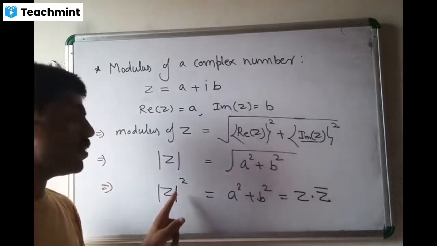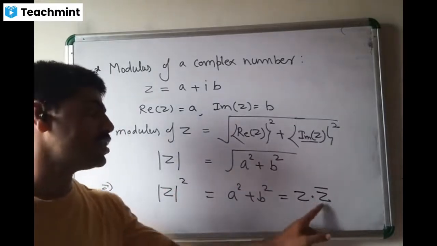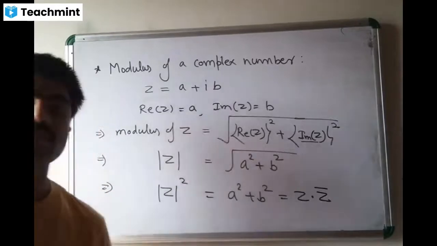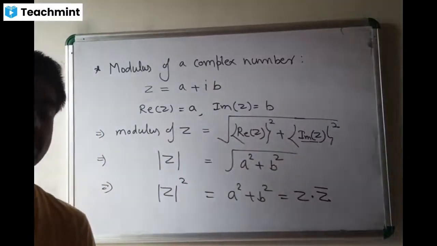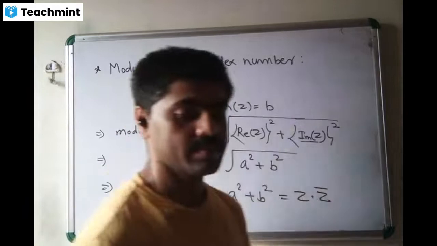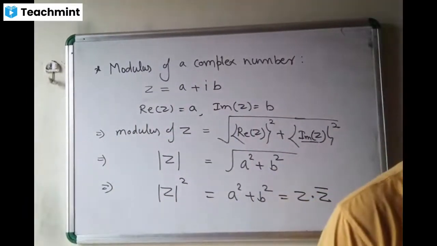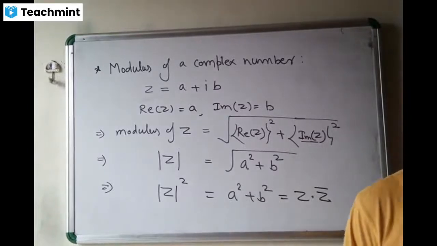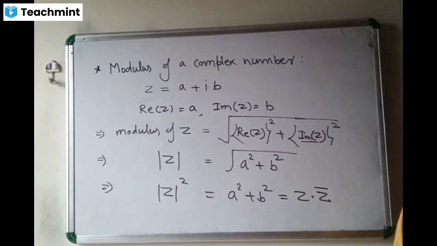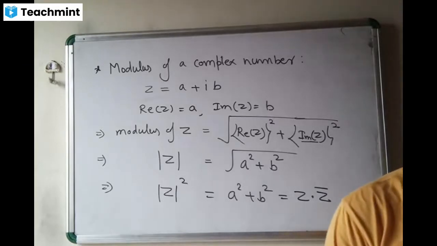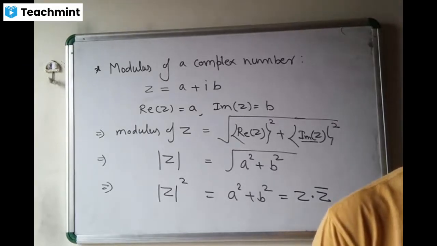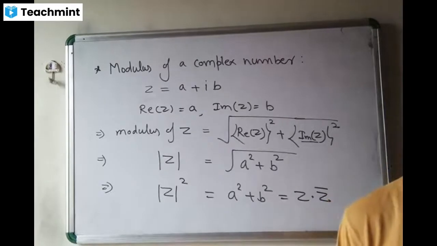So means the square of the modulus function is equal to z into z bar. Yes or no? Yes, sir.